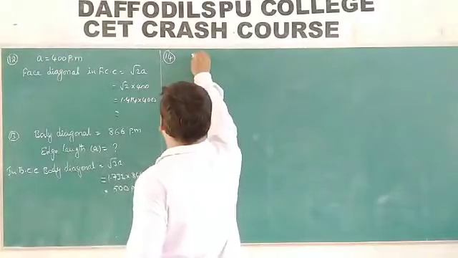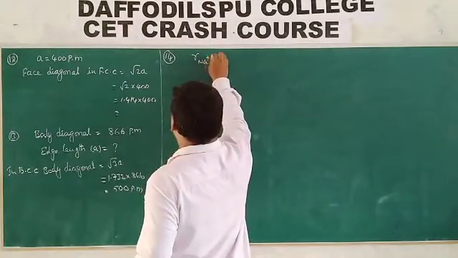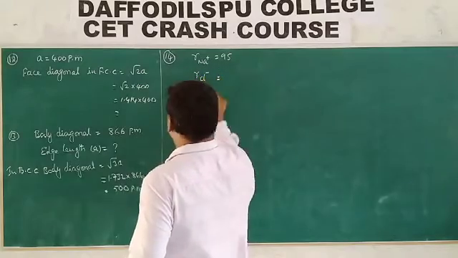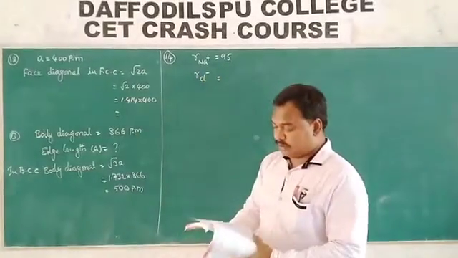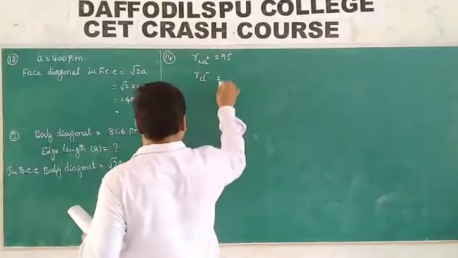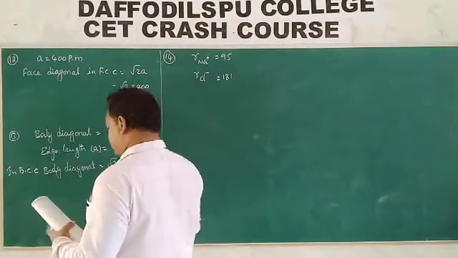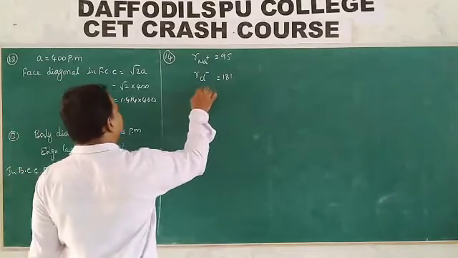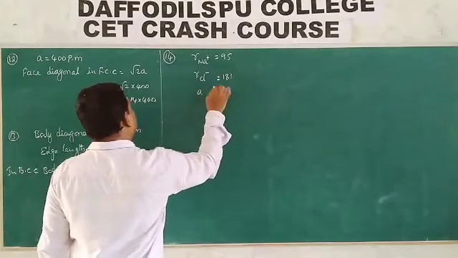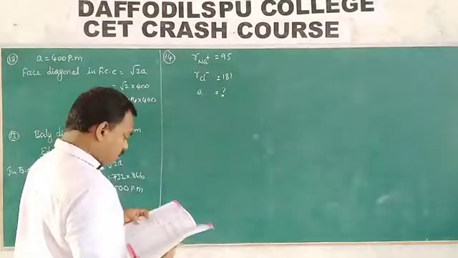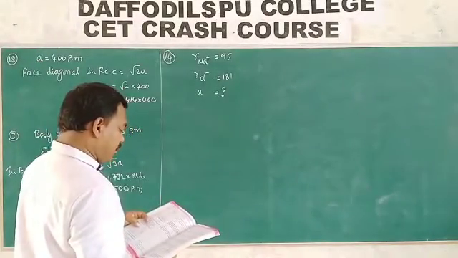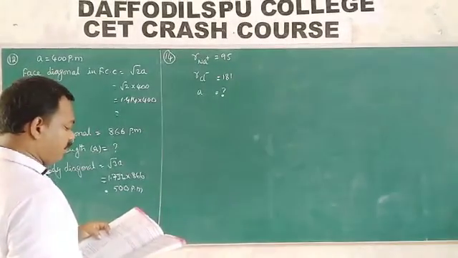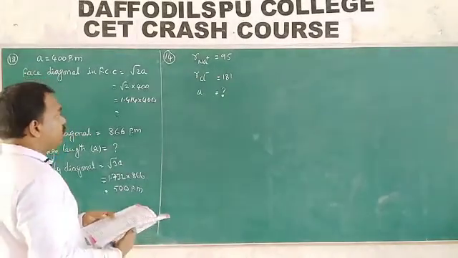So radius of Na+ is 95. Radius of Cl minus is 181. They are asking the edge length of the unit cell in sodium chloride. So that is the question.